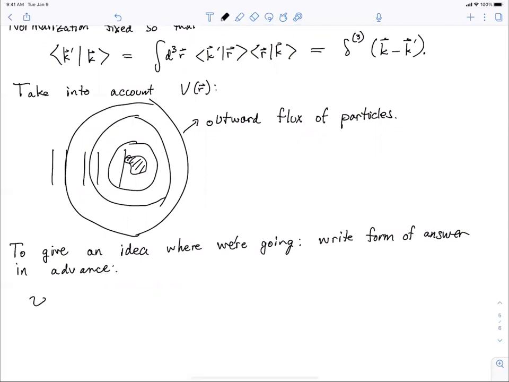Here's going to be our scattering wave function. First I'm going to write my 1 over 2 pi to the 3/2 times e to the i kz.